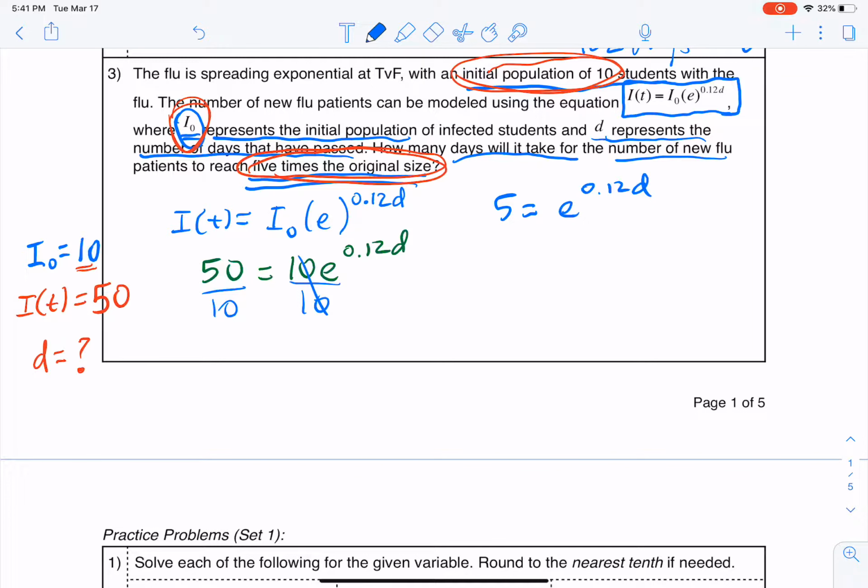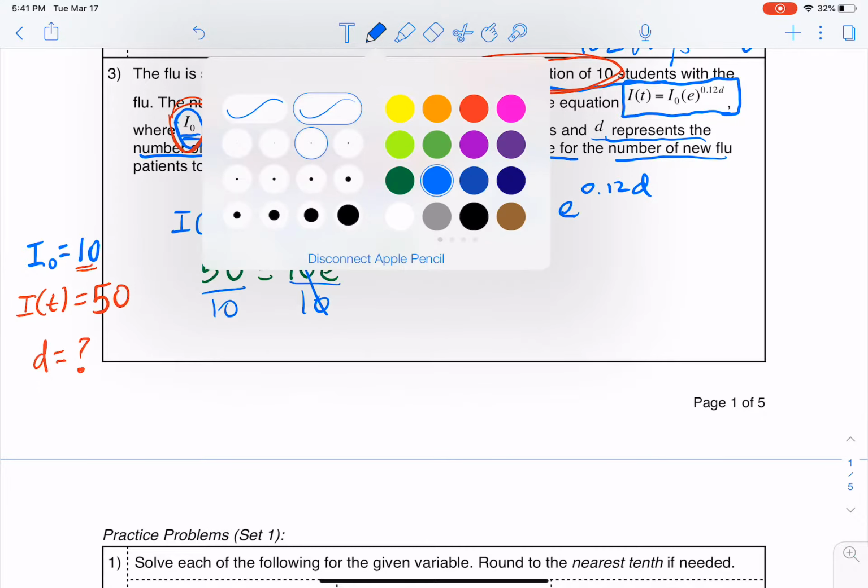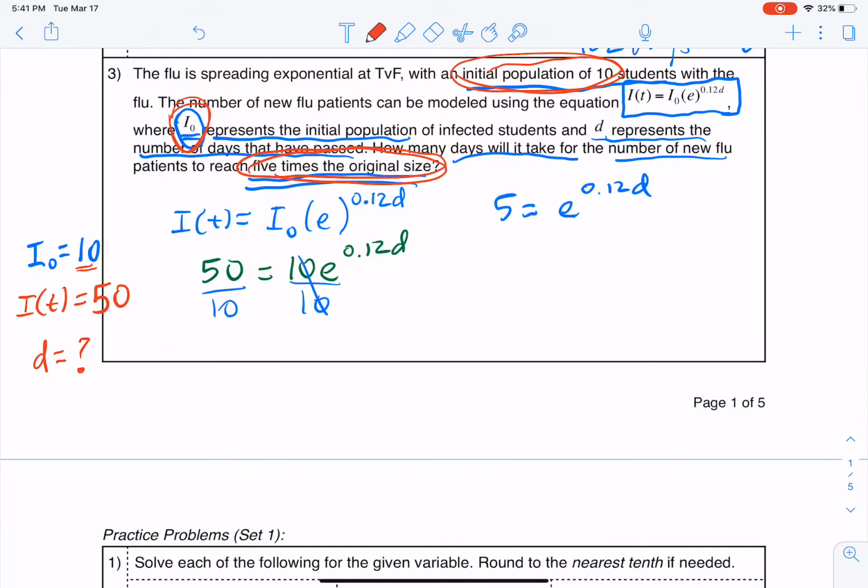Okay, so recall from an earlier lesson that to get rid of that base of e, we actually take what's called the natural log, or ln, of both sides. Okay, that's going to cancel out the e on the right side, so I'm left with 0.12 d equals the natural log of 5.